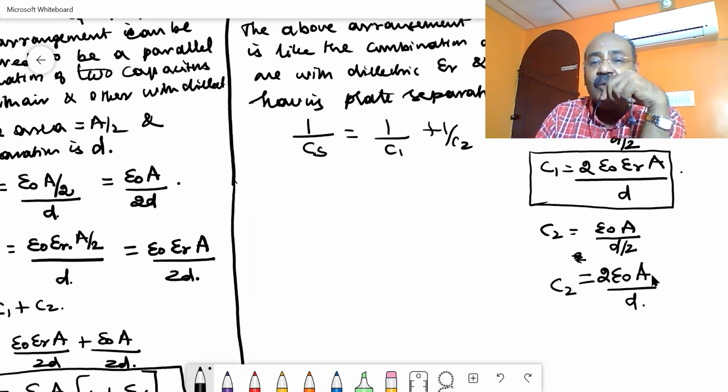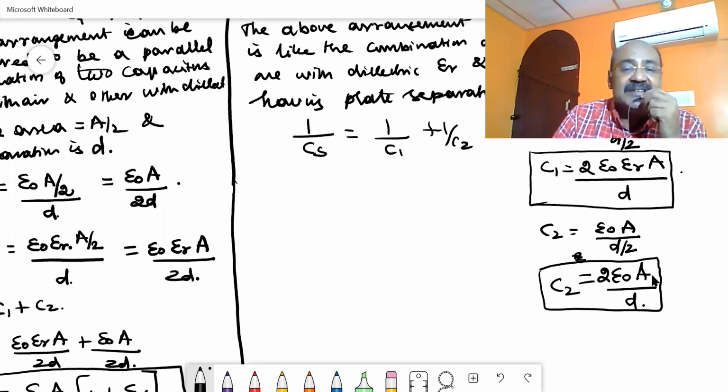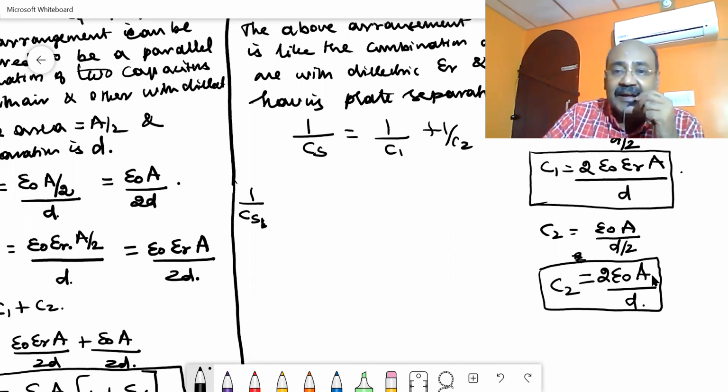Now you substitute in this equation, you get 1 divided by Cs is equal to 1 divided by C1. What is the value of C1? C1 is 2 into epsilon 0, epsilon R into A by D. So I can take D to the numerator.